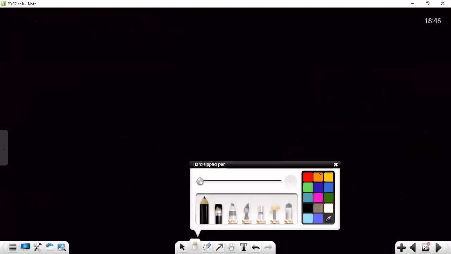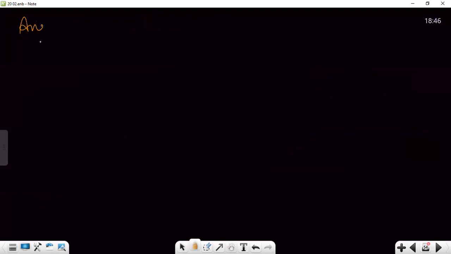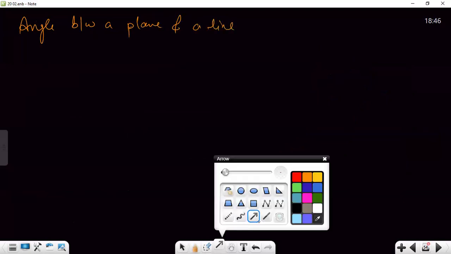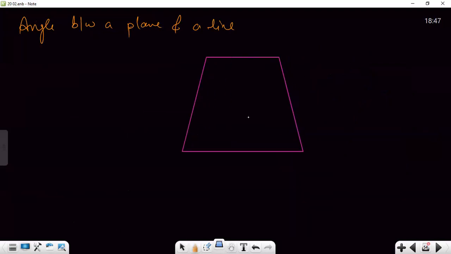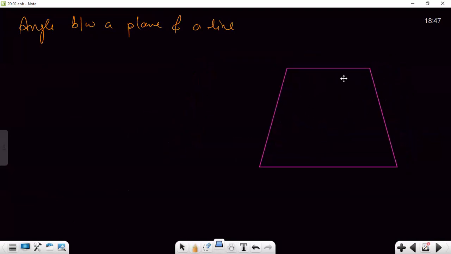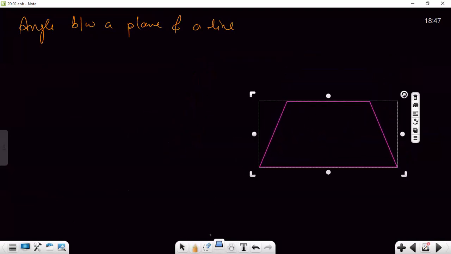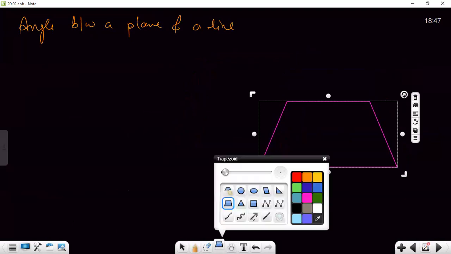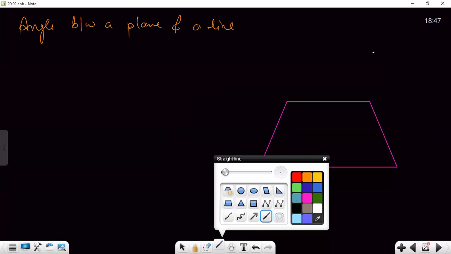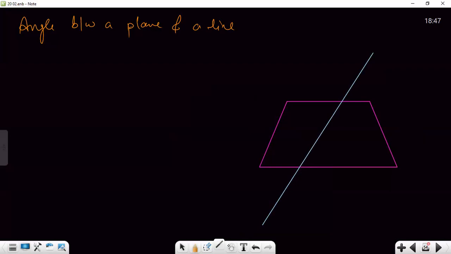Next topic is to discuss the angle between a plane and a line. Let me draw the plane. So this is the plane, and this is our line.